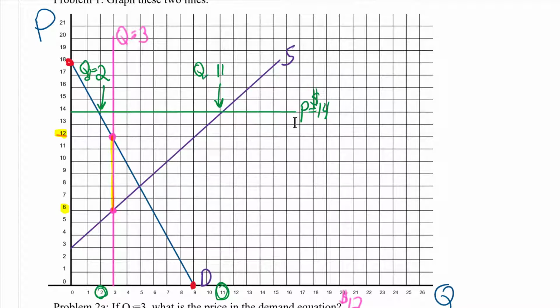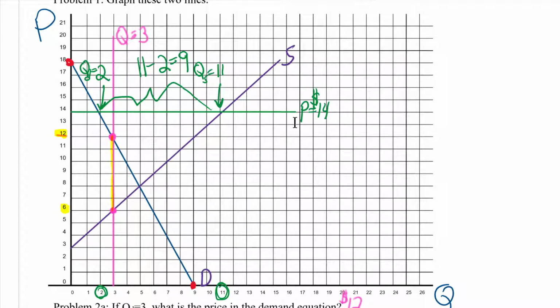The quantity supplied is 11. What do we call the difference between when people are trying to sell 11 and they only sell 2? We call that a surplus. How big of a surplus would it be? Well, the difference there is 11 minus 2 equals 9.